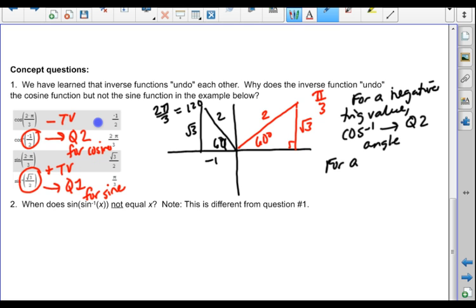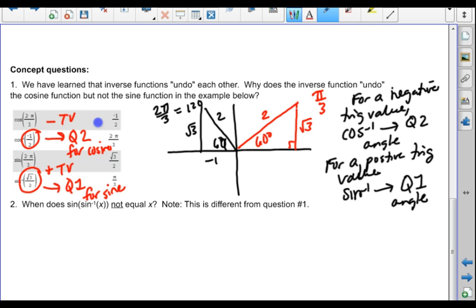For a positive trig value, inverse sine is going to give me a quadrant 1 angle. So we're not going to get the same angle back.